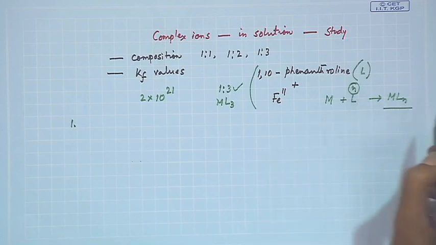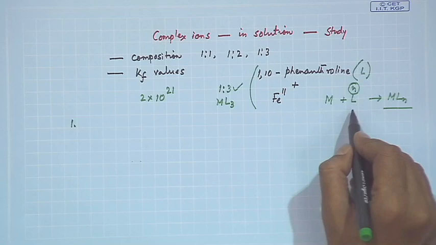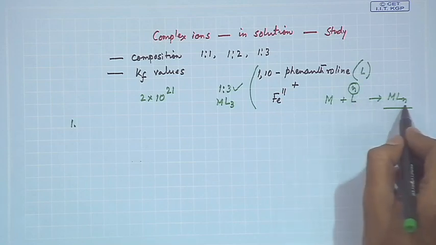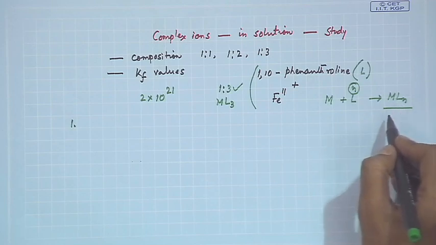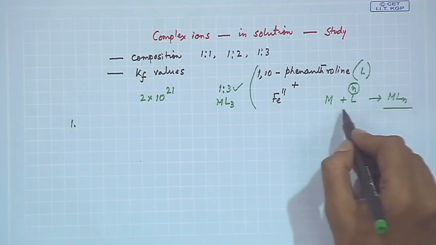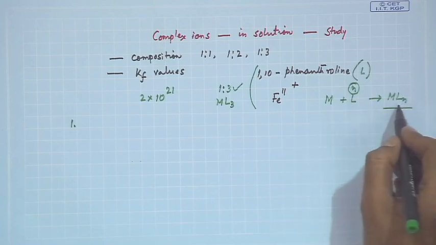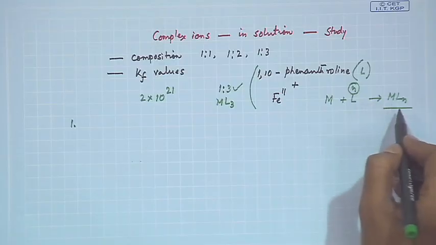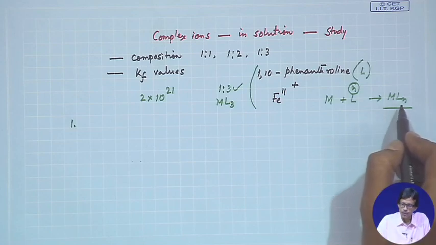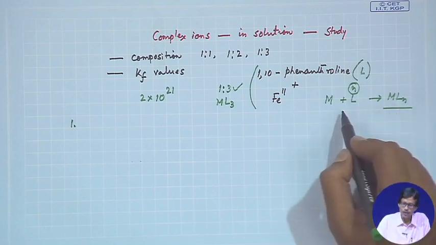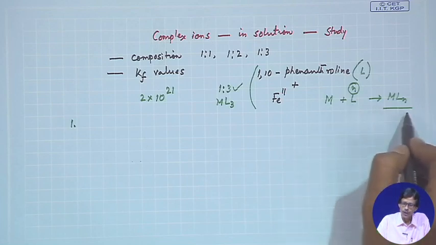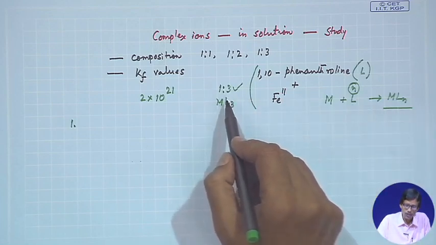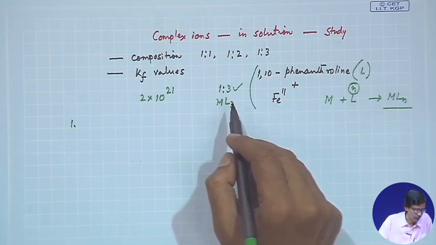This is giving rise to a complex. If n is 6, as we have seen in the case of iron thiocyanate, when one thiocyanate is bound to the ferric ion, the color is changing. So, we can monitor that coloration for a stoichiometry of 1:1 only, but in some other cases, until you reach the stoichiometry of 1:6, a hexa-coordinated one where L is monodentate, we can find out the stoichiometric composition of the metal ion.